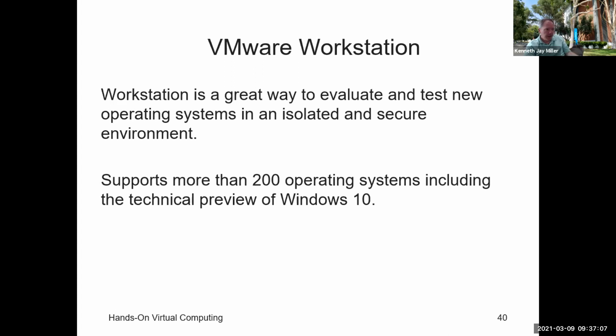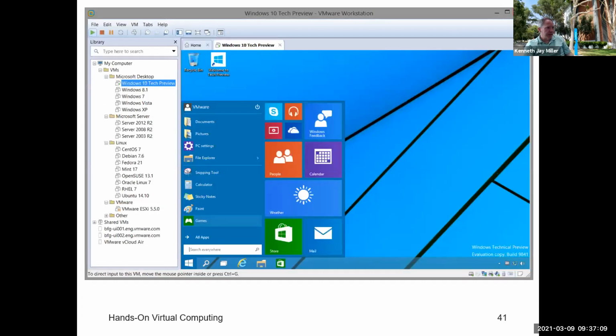All right. Now here's what VMware's Workstation Manager looks like. So here's Windows 8 inside of our Windows 10 Tech Preview inside of VMware. And you can see this has a whole slew of virtual machines installed on it. I have a bunch of desktop stuff, server stuff, Linux stuff, and then you can actually have VMware ESXi inside of VMware Workstation.